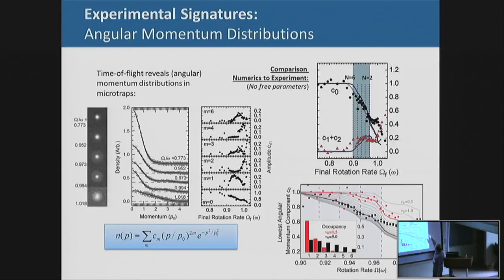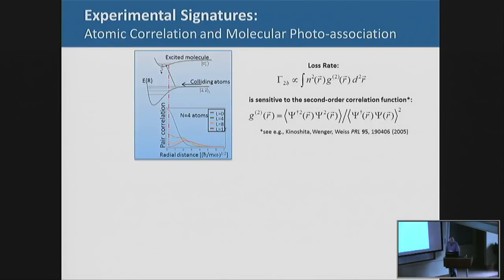This region in blue here is the range of the first ground state crossing for every occupancy of atoms from 2 to 6. Okay? We can also vary the mean occupancy of the atoms in the trap, and as we do that, we can see that it follows the numeric predictions reasonably well in that same region of the first ground state crossing for 2 to 6 atoms.